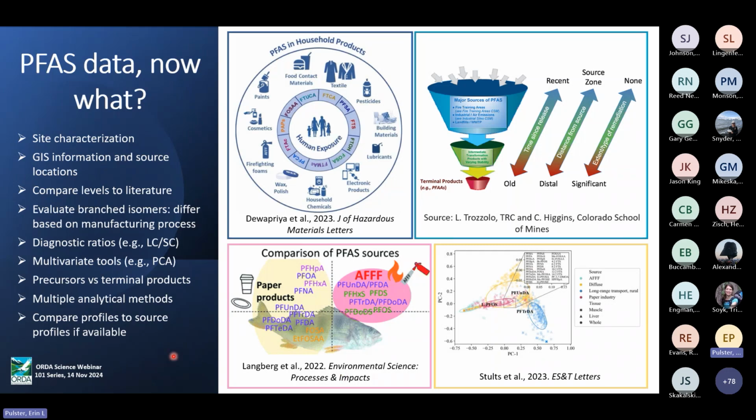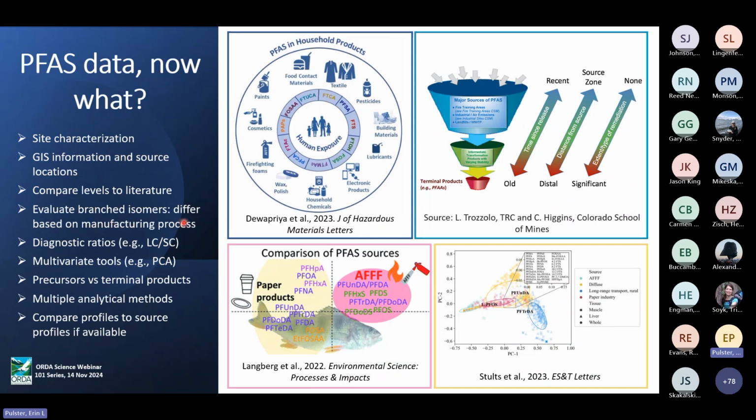You can also compare the profiles that you see in your fish tissues or your sediment to profiles that might be available for particular sources. So with all of these things, you've got to hit the ground and dig into the literature. There are also differences between manufacturing processes.